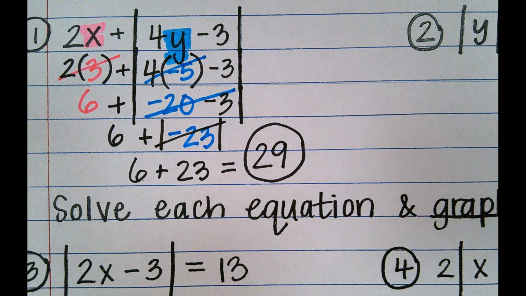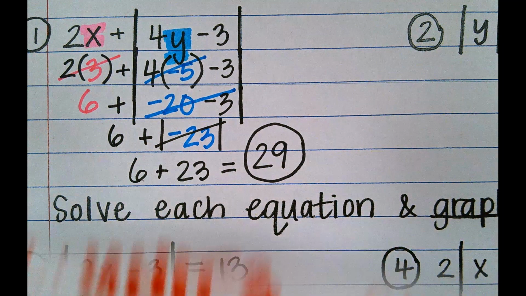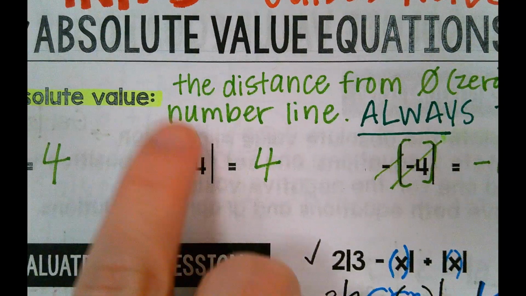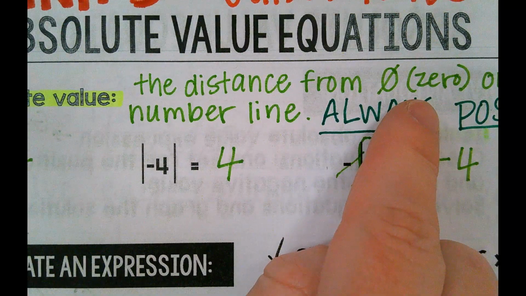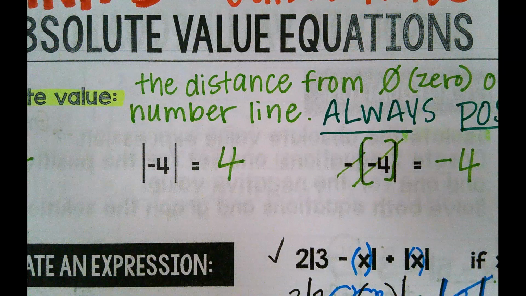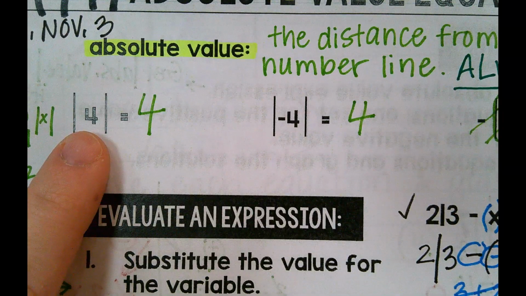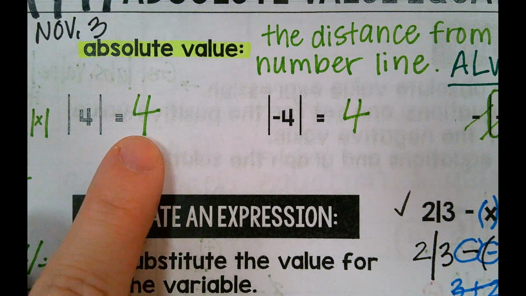Because if we remember absolute value, I'll show you back on this note from Monday. Absolute value is just the distance away from 0. So how far away from 0 is it? Whatever number that is, positive or negative, we measure distance with positive units. So the absolute value of positive 4 is positive 4.